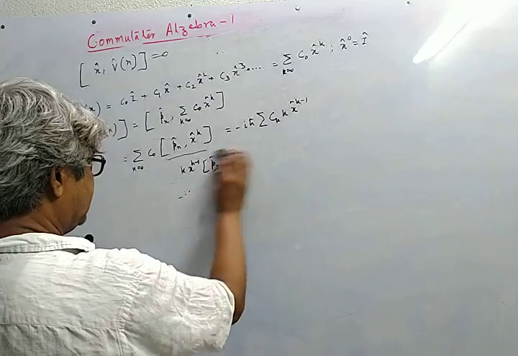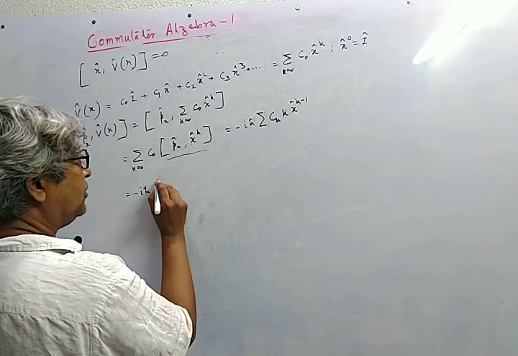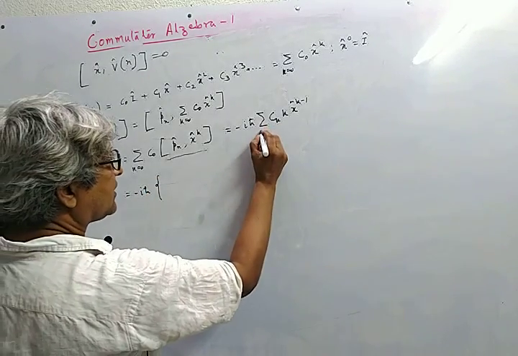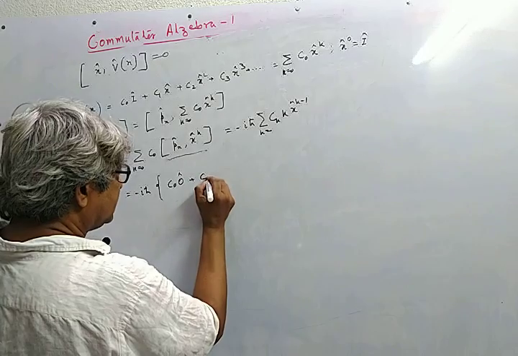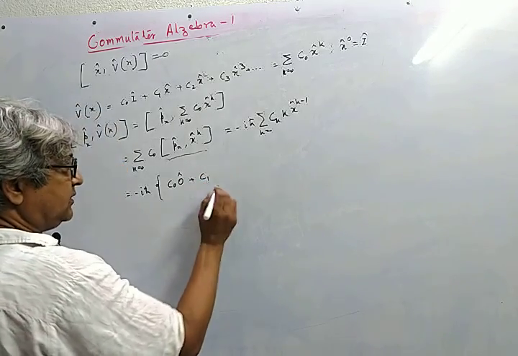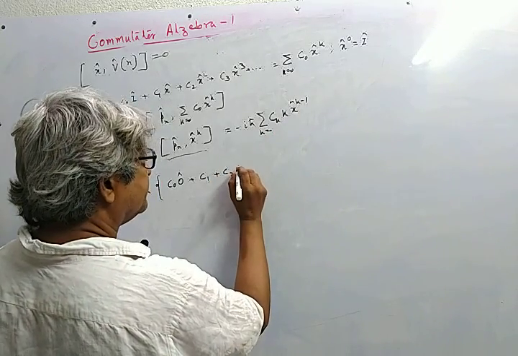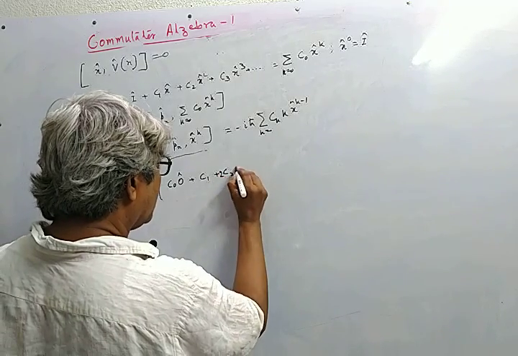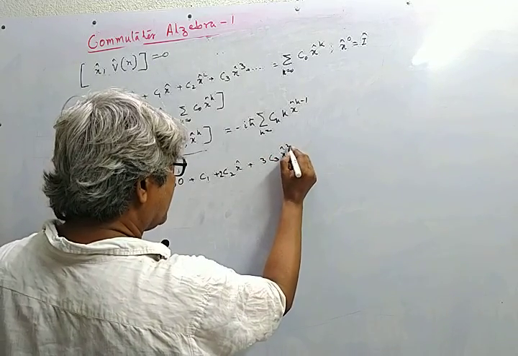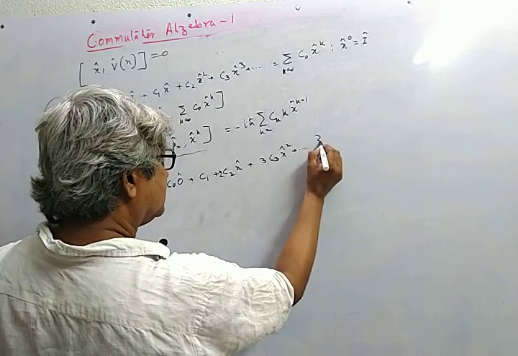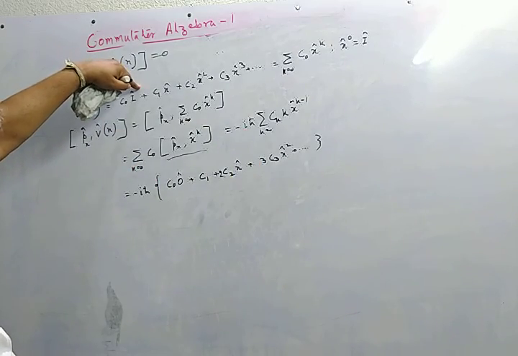Writing explicitly, this becomes minus i h cross times C0 with null operator plus C1 plus 2 C2 x plus 3 C3 x squared, and so this is basically the derivative of this expansion with respect to x.